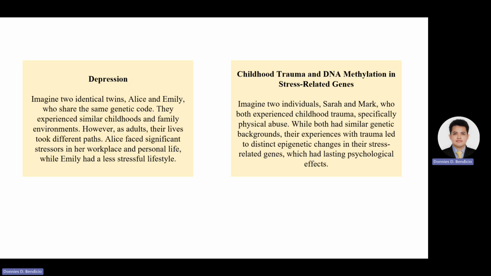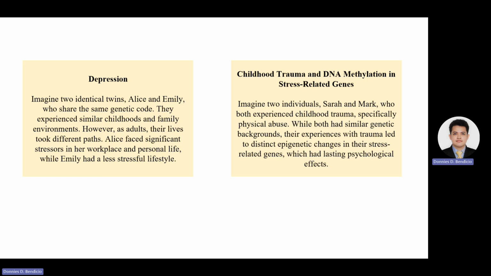So for example, imagine two identical twins, Alice and Emily, who share the same genetic code. So they experience similar childhood and family environments, but as adults, their lives took different paths. So Alice faced significant stressors in her workplace and personal life, while Emily had a less stressful lifestyle.